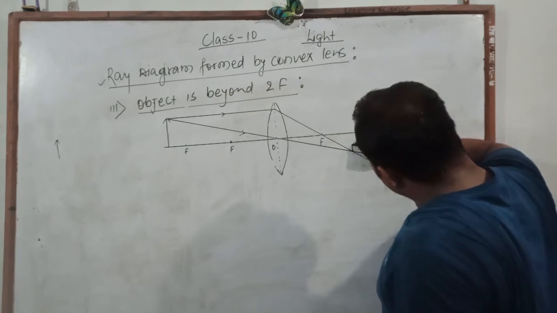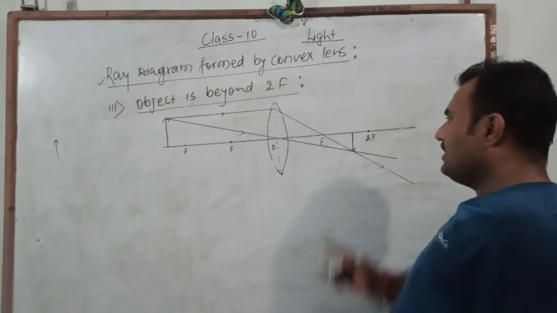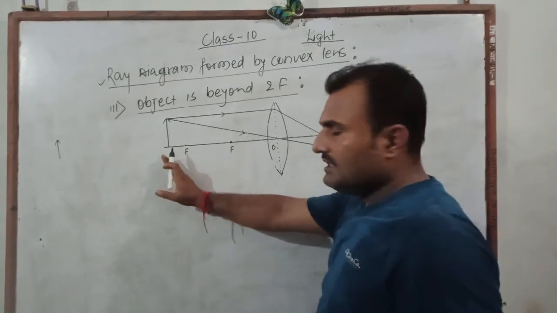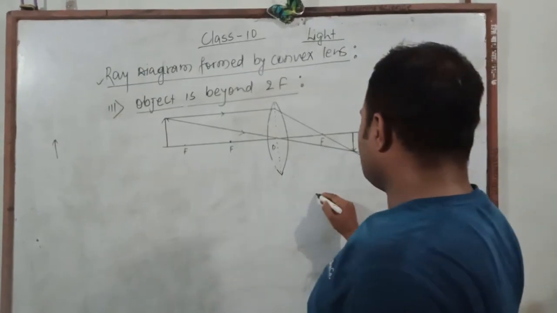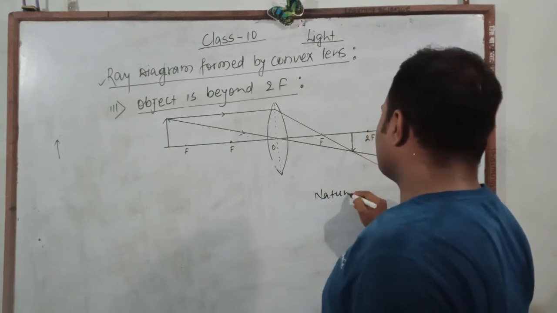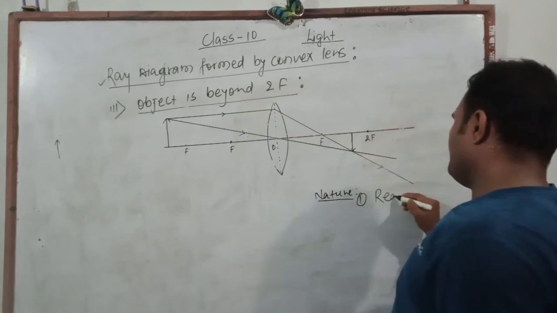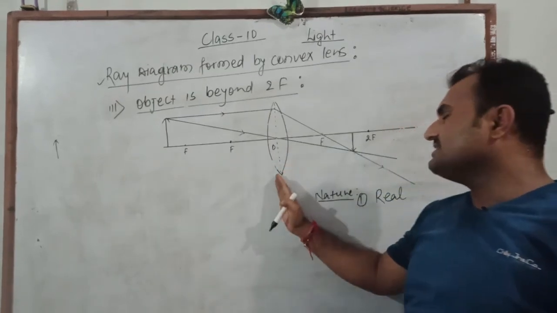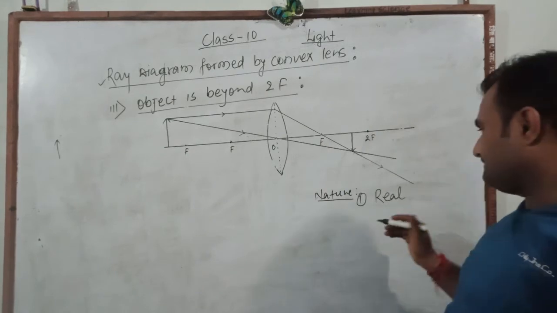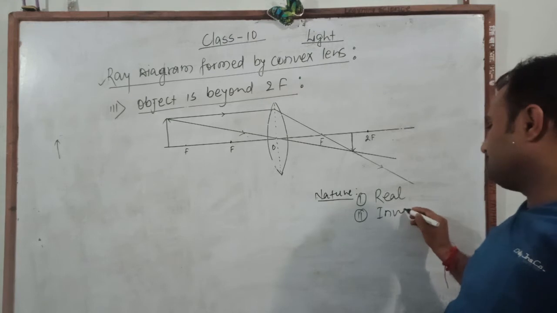And here we draw the image of the object. Already it is clear that the image is formed on the opposite side of the lens. And therefore the nature will be, first, real. Why? Because the object is at left and the image is formed at right of the lens. A real image is always inverted.